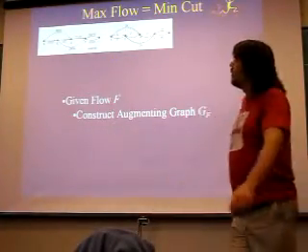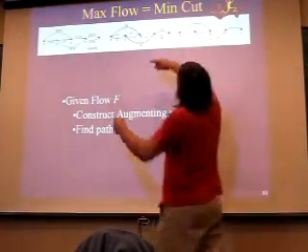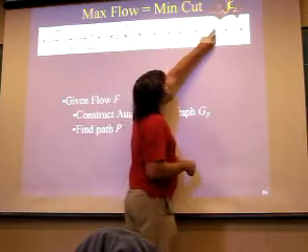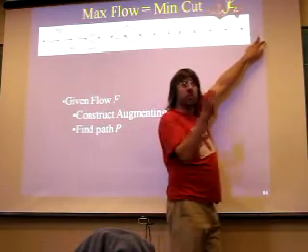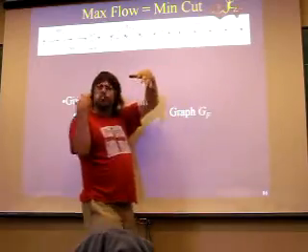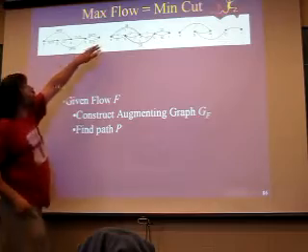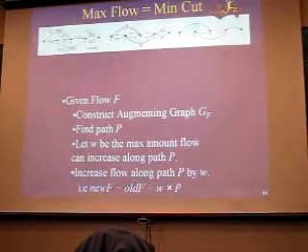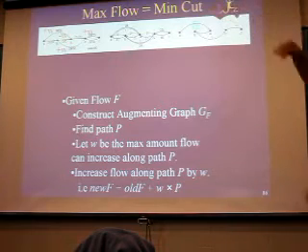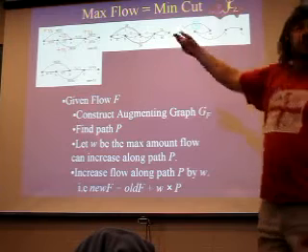Then you look for a path from S to T, and you look along the path: what's the smallest amount that you can change the flow by along that edge? Here it's 1, and so what you do is you push the flow through, you add it where you're going forwards, you subtract it where you're going backwards, and you get a new flow.